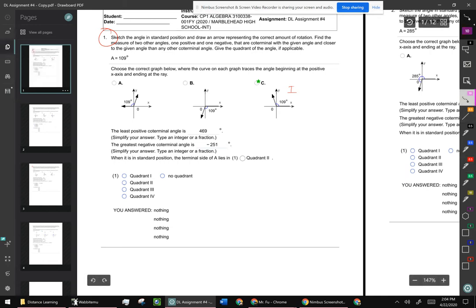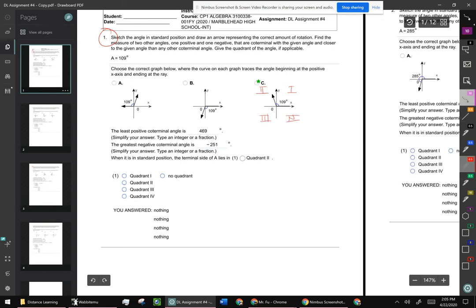Then quadrant 2 goes from 90 to 180, then 180 to 270, and then 270 to 360. So that's quadrant 1, 2, 3, and 4.